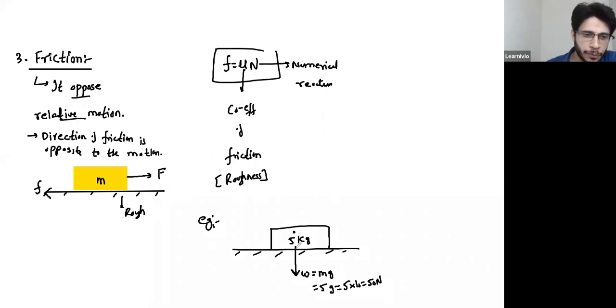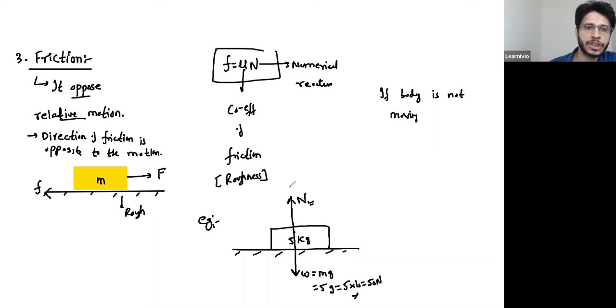Rania, what would be the direction of normal reaction acting on the body? It's always perpendicular to the surface and towards the body. Normal reaction will act in upwards direction. Sania, can you compare the value of N and this weight if the body is not moving? If this body is not moving along the y-axis, can you compare N and W?